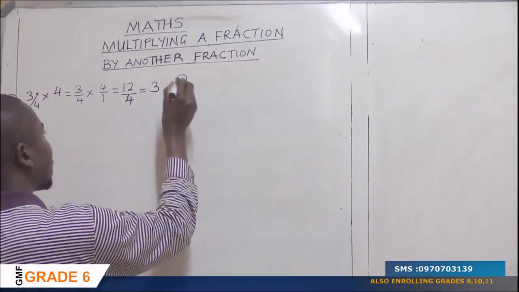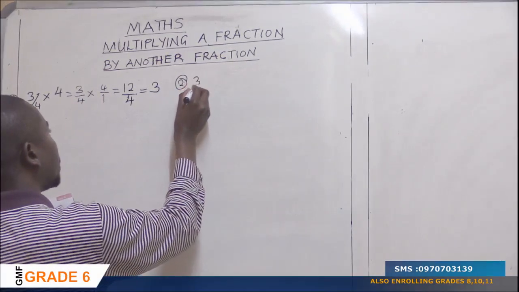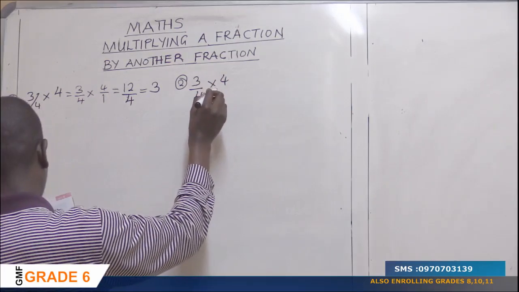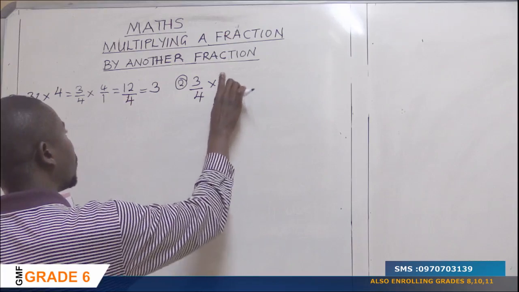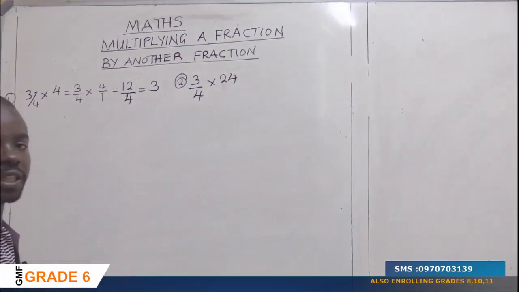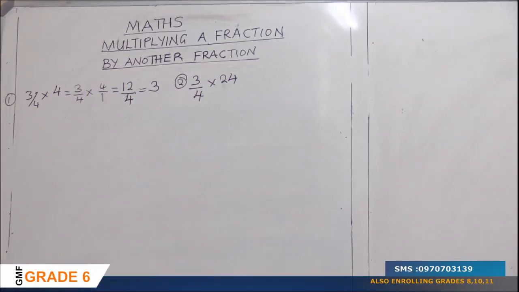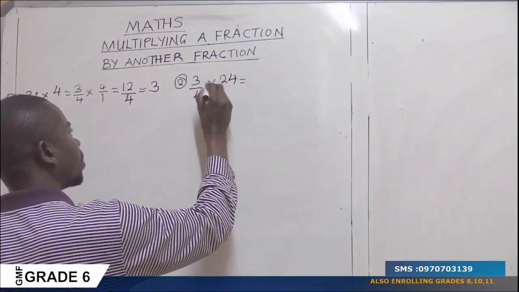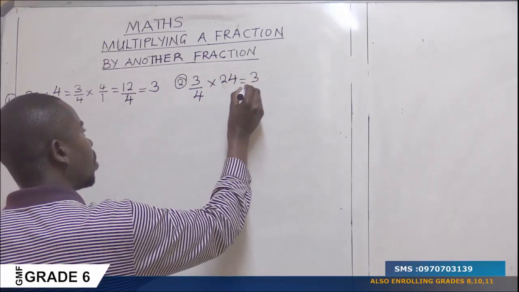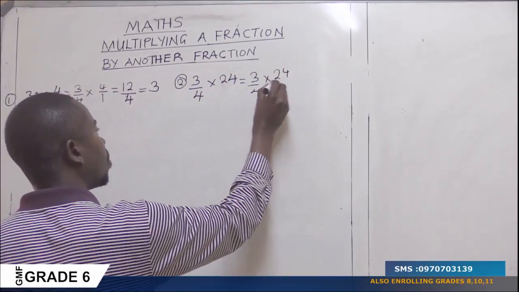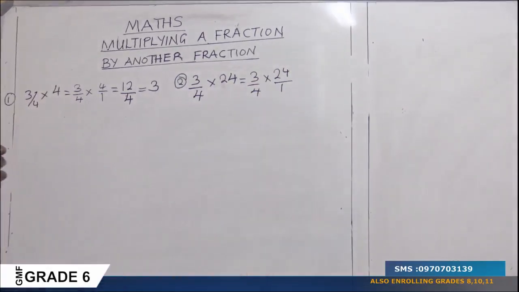The next question that I gave you was 3/4 times 24. What is 3/4 times 24? So you multiply 3/4 times 24/1.